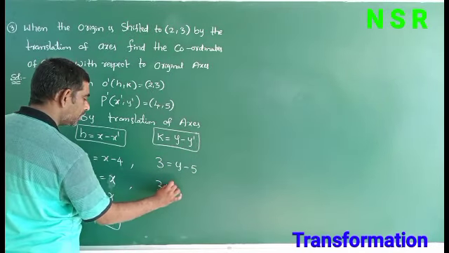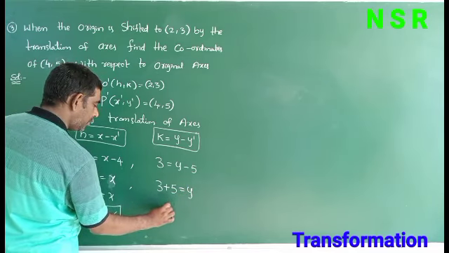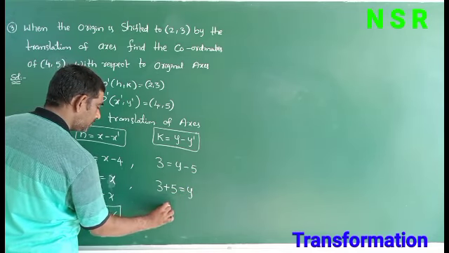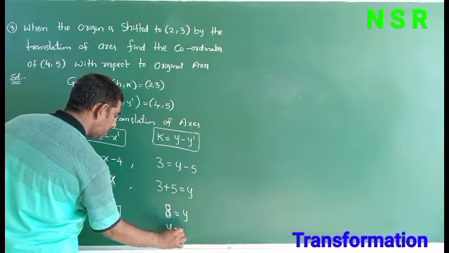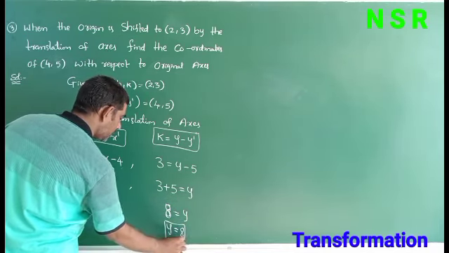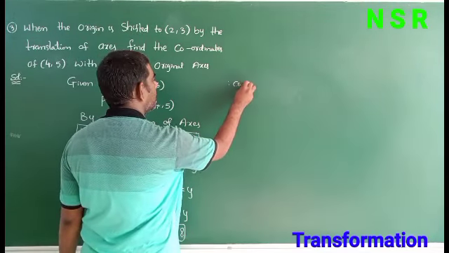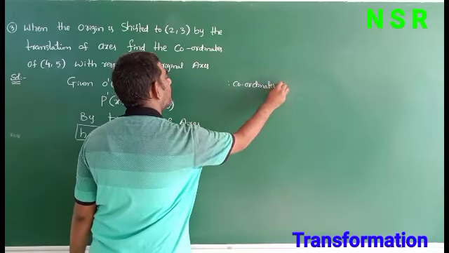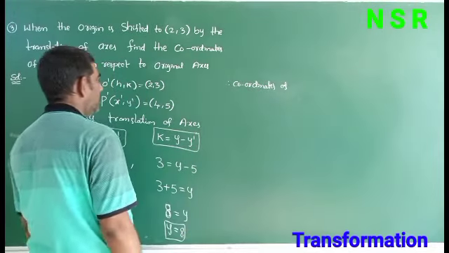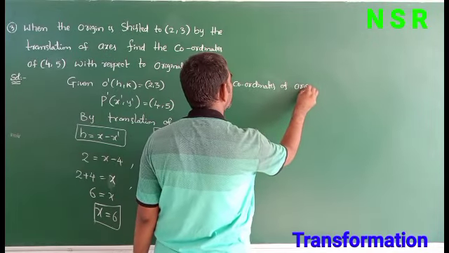Now 5 move this side, 3 plus 5 is equal to y. So 3 plus 5, 8. So 8 is equal to y, that is y equal to 8. Now write here the coordinates of the original axis.